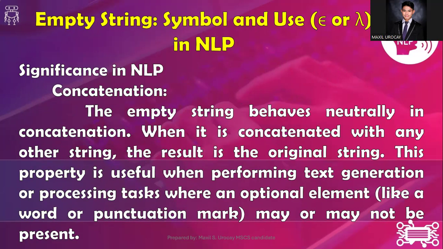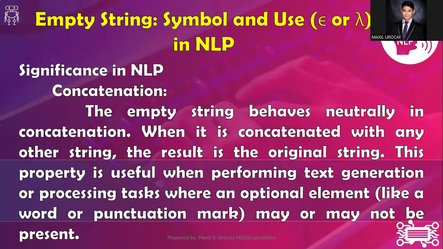As we mentioned in our automata class, for concatenating, we're using the empty string. So the empty string behaves neutrally in concatenation: when it is concatenated with any other string, the result is the original string. This property is useful when performing text generation or processing tasks where an optional element like a word or punctuation mark may or may not be present.